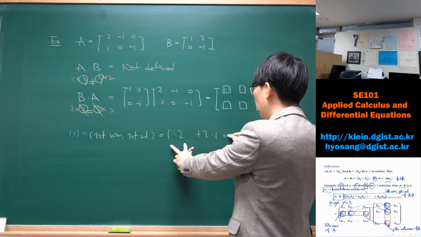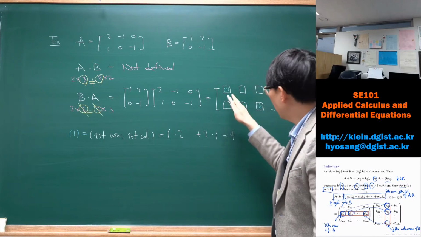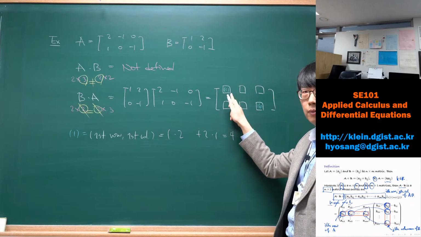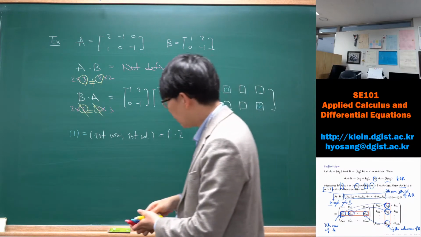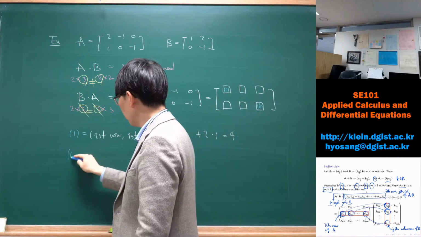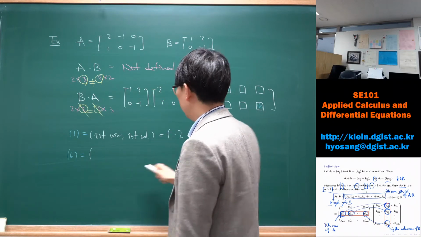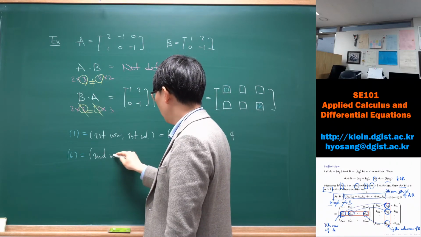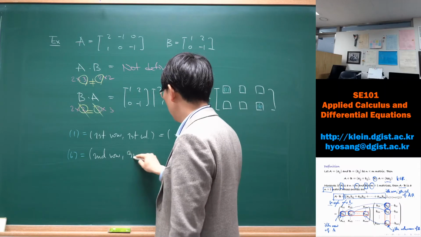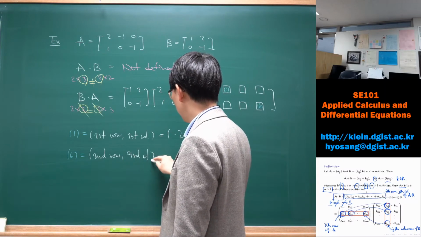You get 4. So this entry is 4. Okay. How about 6? So 6 is located at the second row and third column.